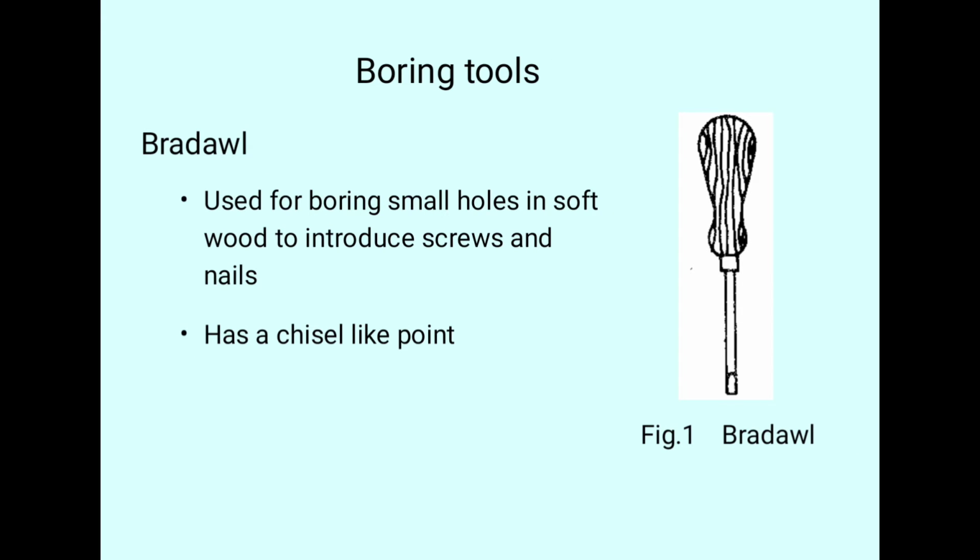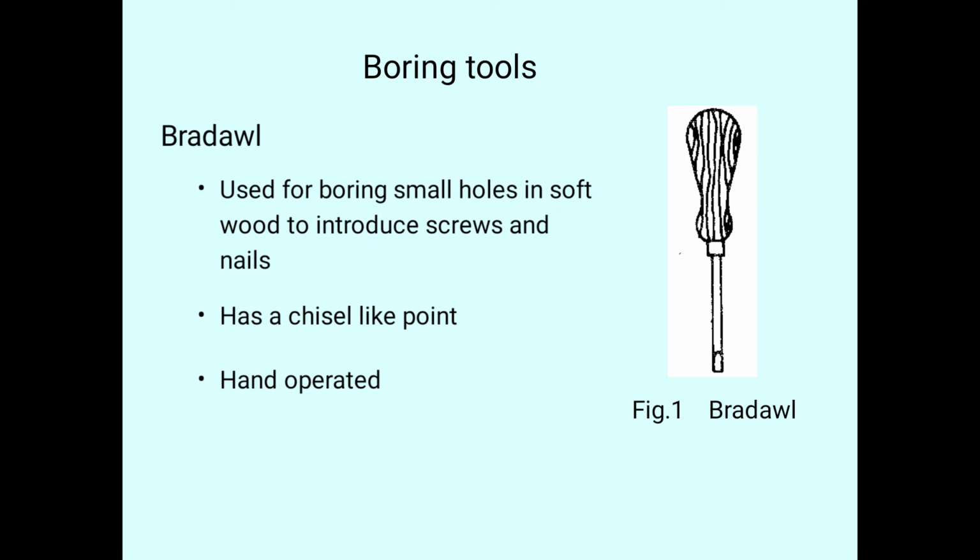This is a hand operated boring tool. By using this one, we can make small holes in soft wooden workpieces, and it is operated directly with our hand. We are not using any machines for this type of boring tool.